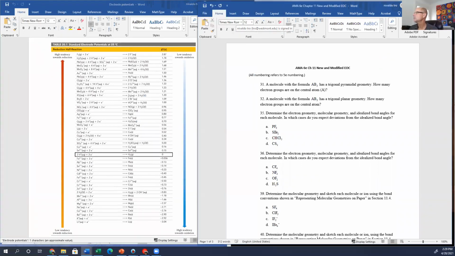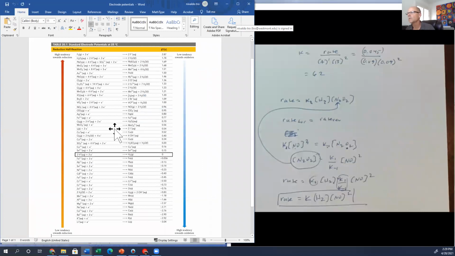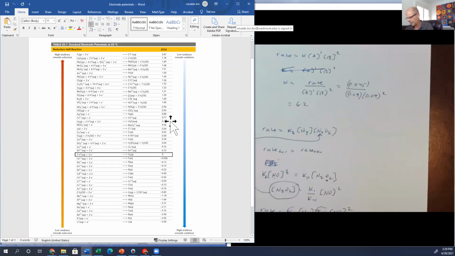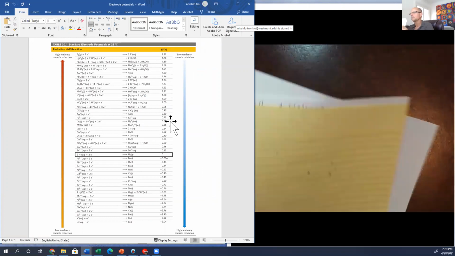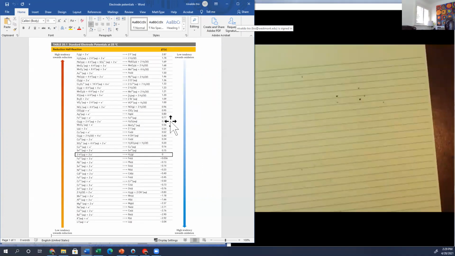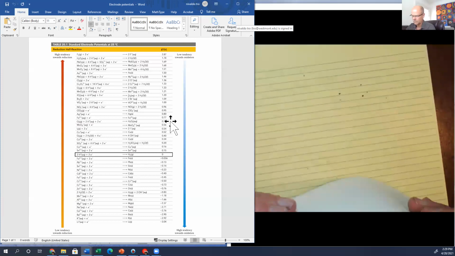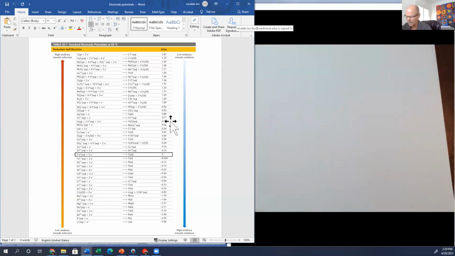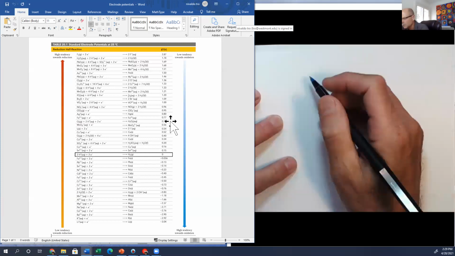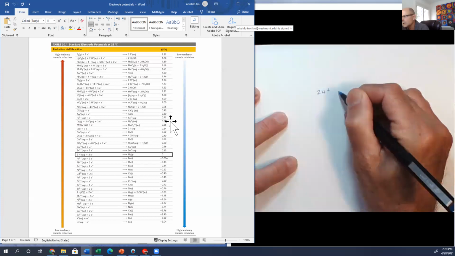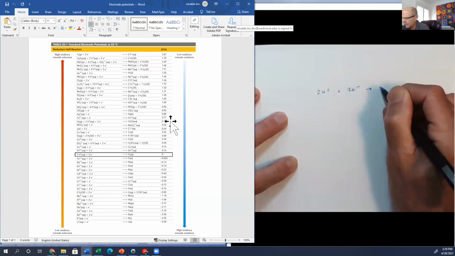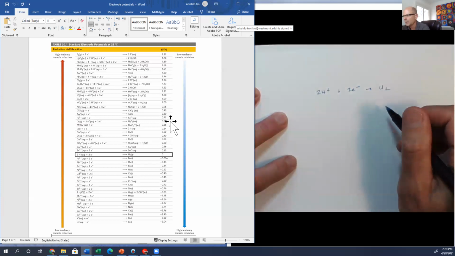Okay, so what we're saying is that any reaction on this table is spontaneous when paired with the reverse of a reaction below it. So for example, let's say you have 2H+ plus 2 electrons goes to H2, and we're saying that's spontaneous when paired with any reaction below it.